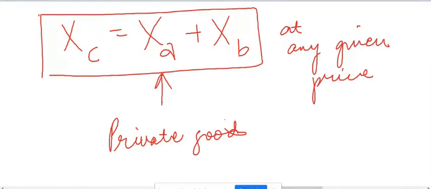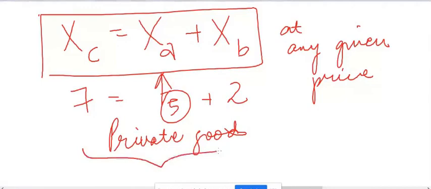If individual A is willing to buy 5 units and individual B is willing to buy 2 units, then the market demand is 7 units. That is how we have been finding it for private goods.